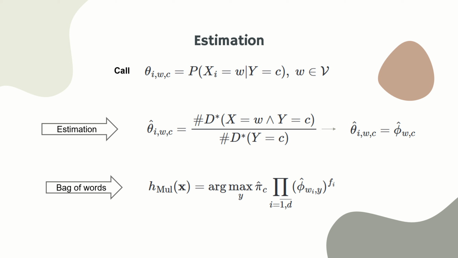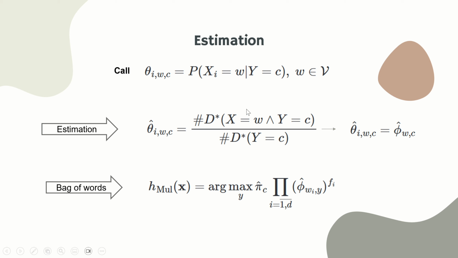Like before, we call the parameter theta, because the multinomial is just one type of categorical feature, so we also call the parameter like this, but the estimation has a change.